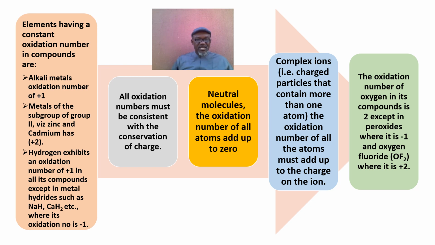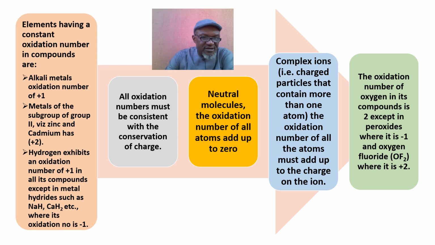Again, hydrogen exhibits an oxidation number of +1 in all of its compounds, except in metal hydrides, such as sodium hydride. You see, now in sodium hydride, sodium, which must have an oxidation number of +1, if hydrogen now has oxidation number +1 again, then there won't be anything like sodium hydride.